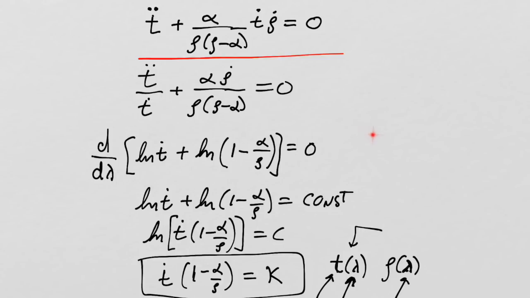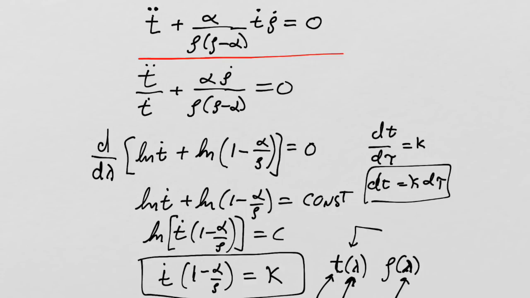That's the same thing as saying dt d tau equals kappa, and then dt equals kappa d tau. This is measured in distance, and that is measured in distance, so kappa is actually unitless.